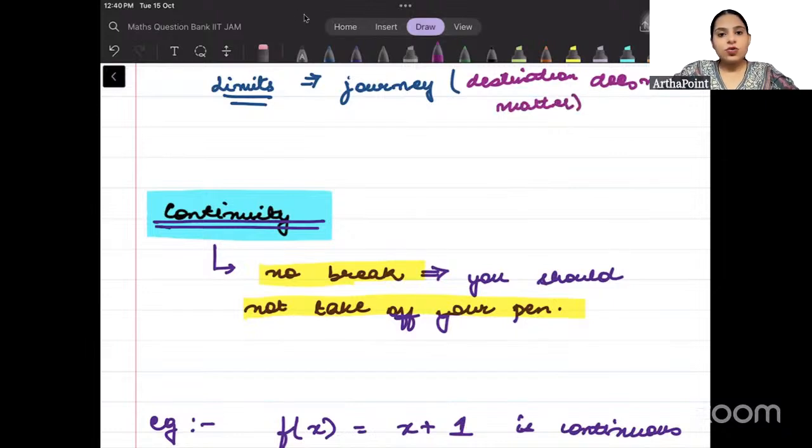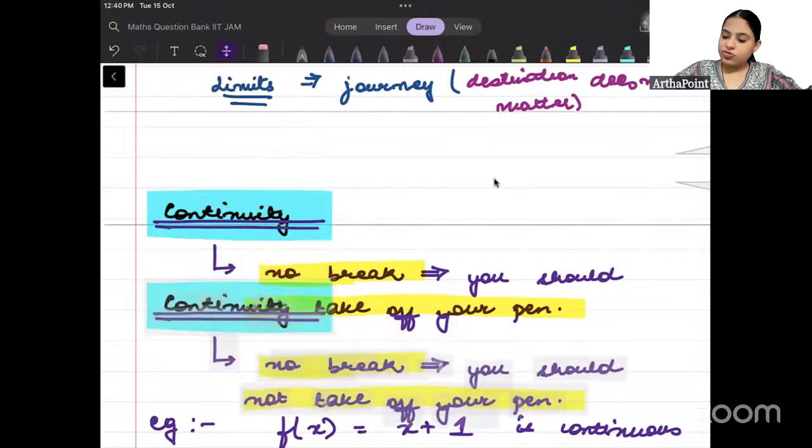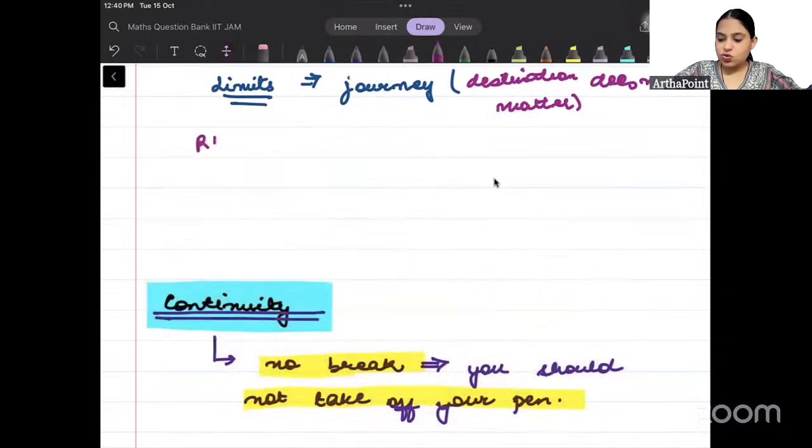So we were interested in understanding the journey. We are not interested in understanding what happens to the destination at the point. It does not matter. We were just interested in understanding what happens to the right hand limit, what happens to the left hand limit.